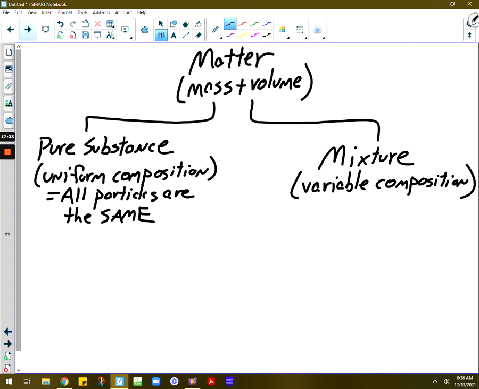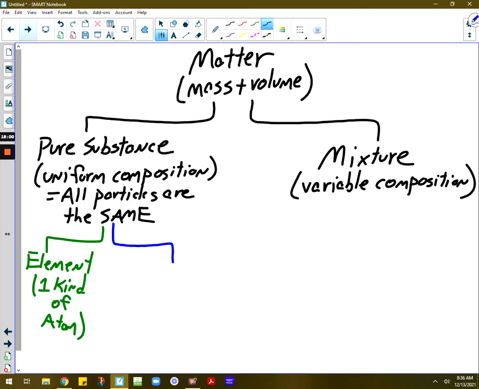Furthermore, we can split pure substances into 2 big groups. If you only have a single kind of atom, then you call that an element. If you've got 2 or more kinds of atoms that are chemically combined, bonded together, it's called a compound.